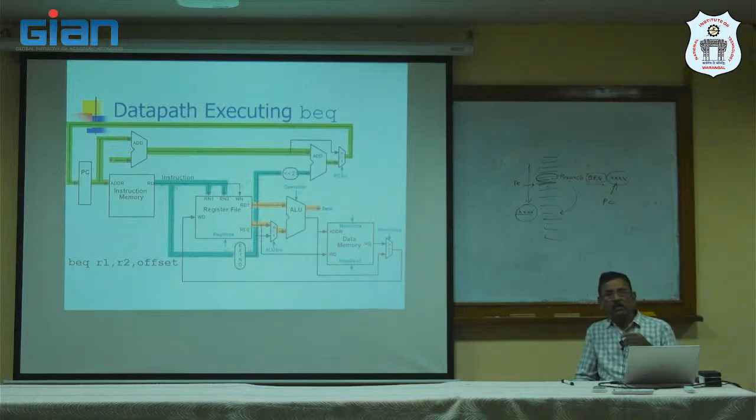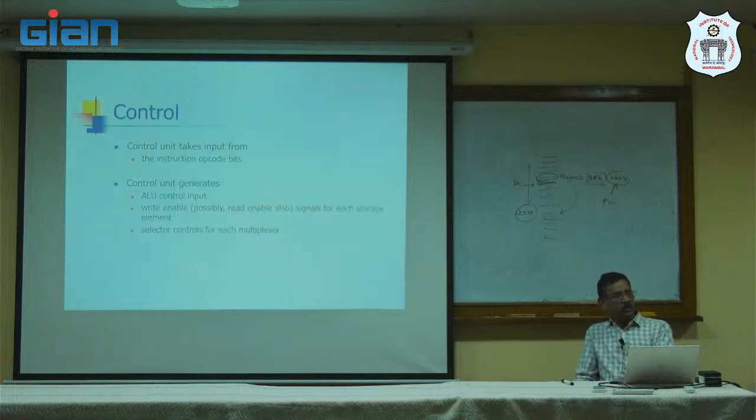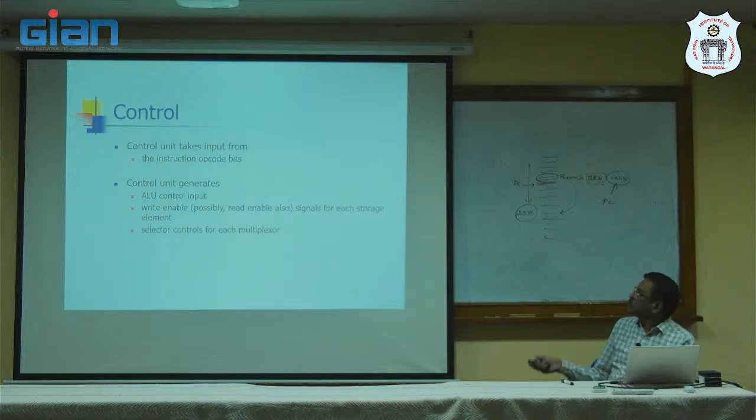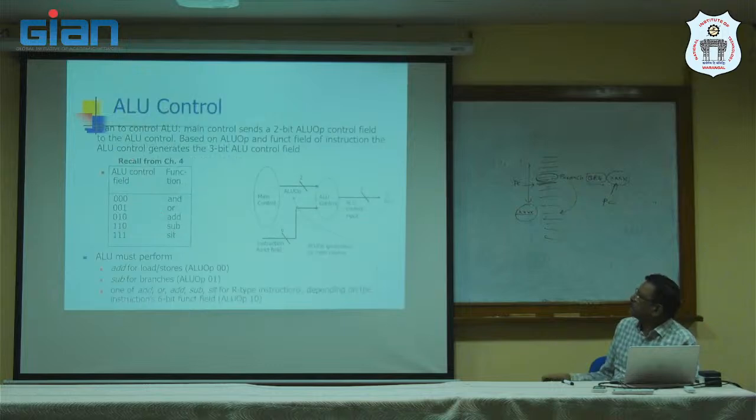Okay. These control signals are generated through the controller. So we have to design the controller for that. The control unit generates ALU control input, write enable, possibly read write also, signals for each storage element, and selector controls for each multiplexer. Okay. So the plan to control the ALU: the main control sends a 2-bit ALU OP control field to the ALU control.